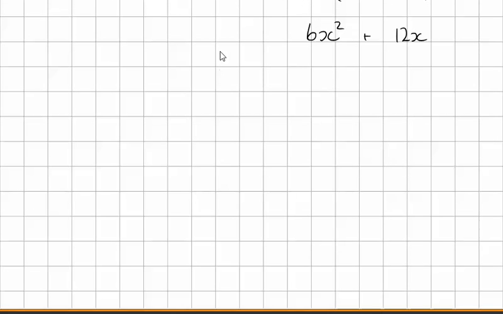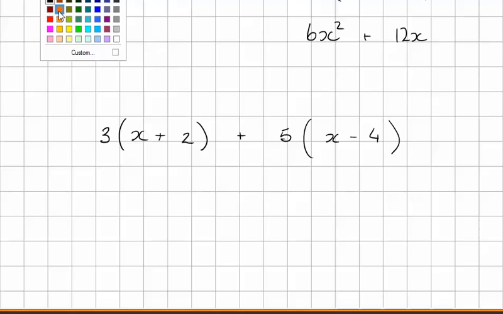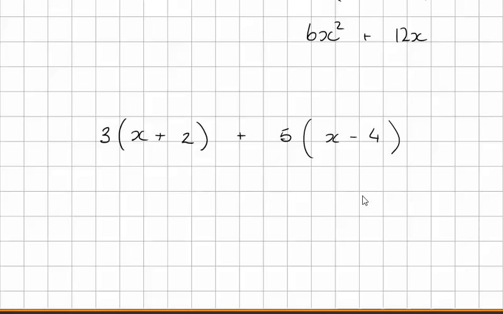Right, the next part of our objective was simplify and collect like terms, and the reason this comes up is when you have two sets of brackets. So for instance, if we have 3 times x plus 2 plus 5 times x minus 4. So we've actually got two sets of brackets, two different expansions to do. Now the brackets themselves are not a problem, same thing as before.